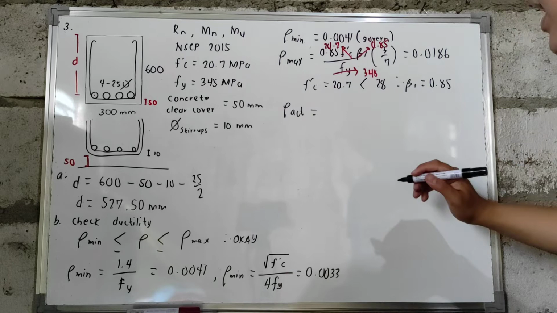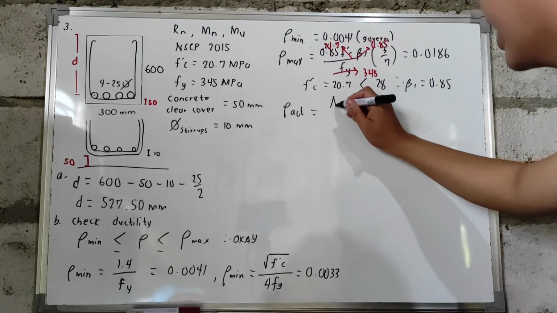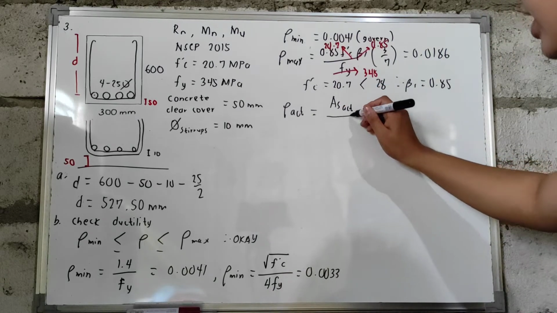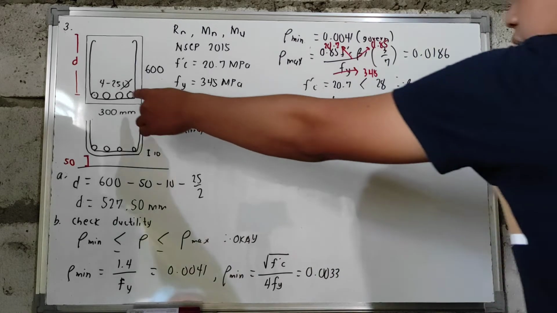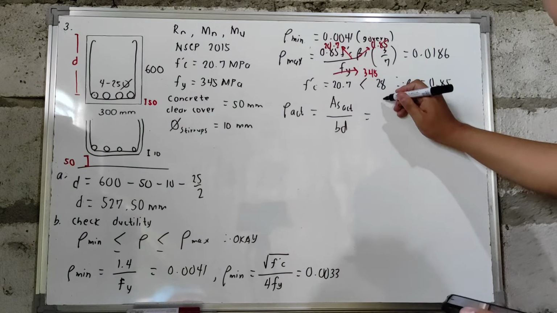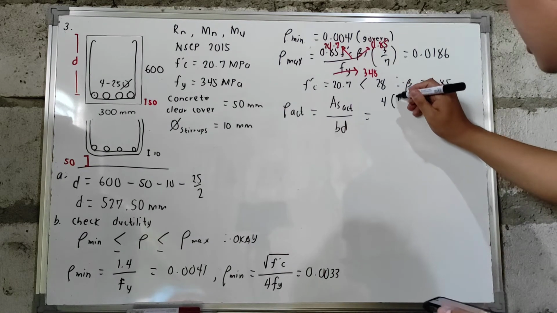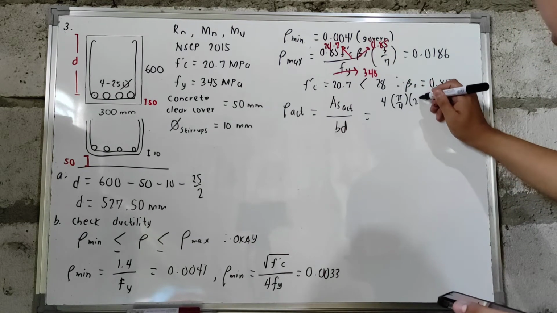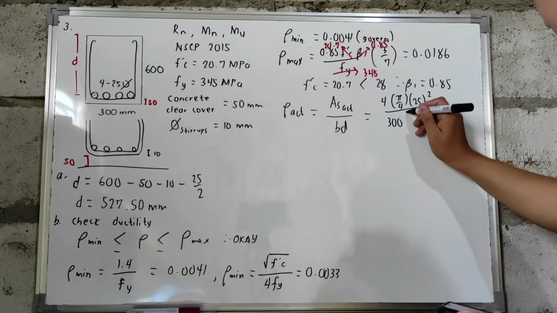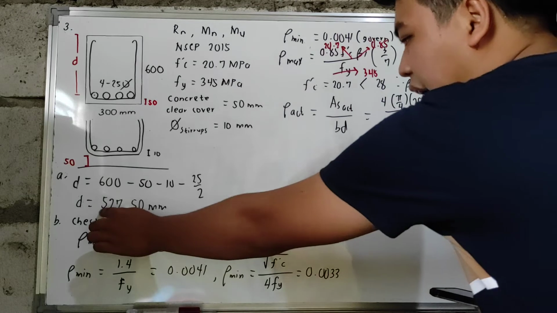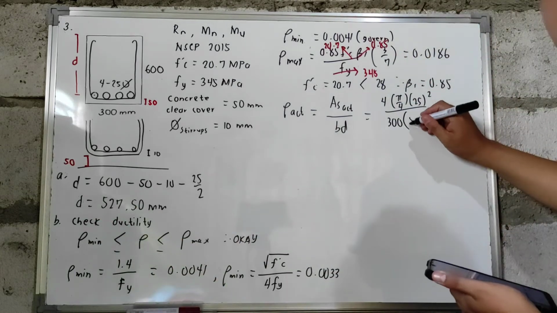So, yung rho actual natin, that is simply yung area ng bakal natin on the actual over BD. So, ilan ba yung bakal natin dito? Meron tayong 4 na 25 mm diameter bars. So, 25 mm diameter bars over yung B natin na 300 and yung effective depth natin na 527.15.